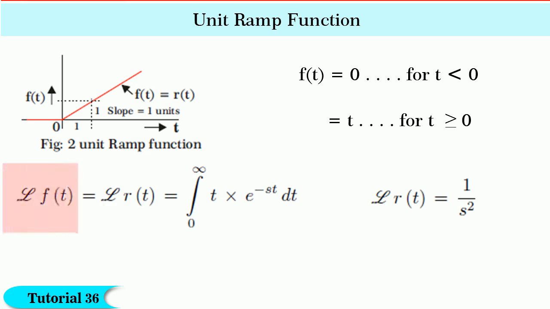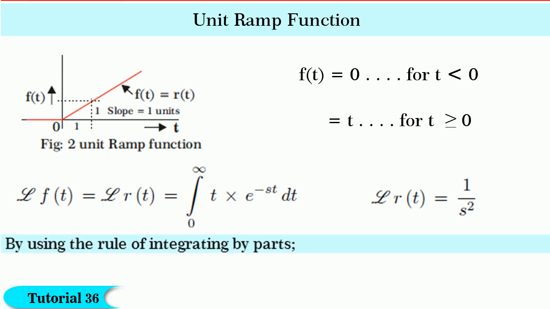So, L of f of t is equal to L of r of t is equal to integration 0 to infinity t into e to the power of minus st dt. By using the rule of integration by parts, by integrating t into e to the power of minus st within limits 0 to infinity, we get L of r of t is equal to 1 divided by s square.